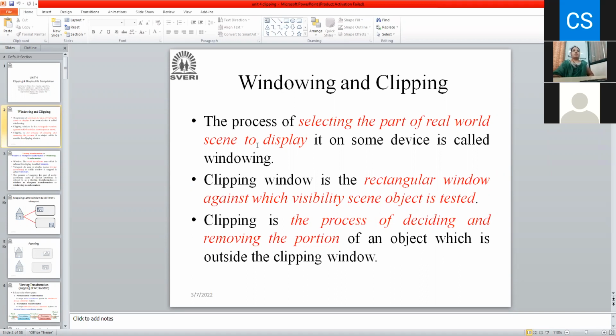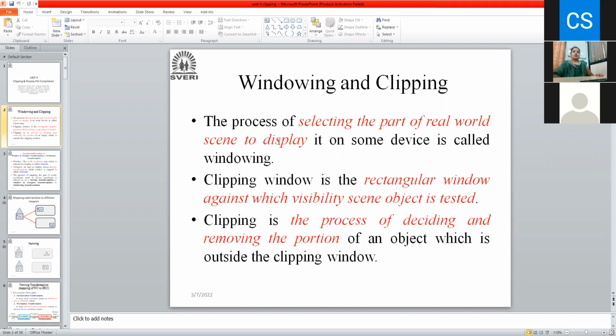Whatever we are observing out of the window, that real world is called the window, and the portion that we clip from that nature and paste on our display device or physical device, it can be mobile, laptop, or tablet, is the process of extracting the portion called clipping, and the conversion from the window coordinates into the viewport. The viewport is the physical device coordinate system where we actually place the object.